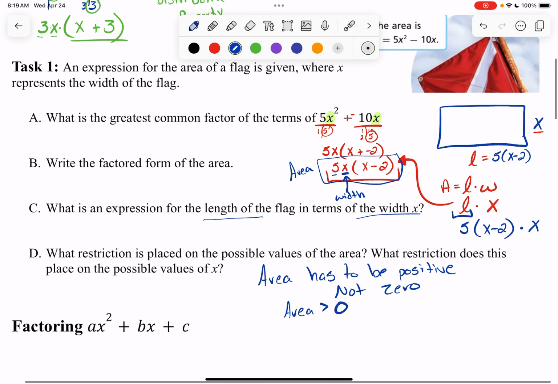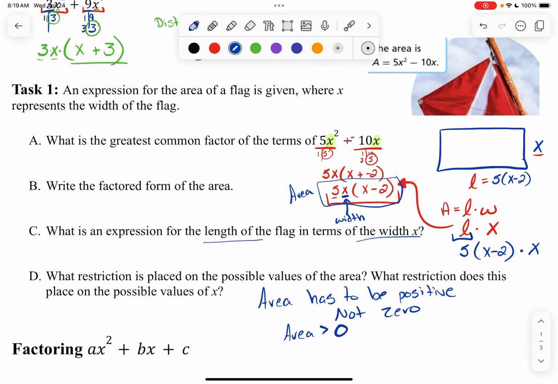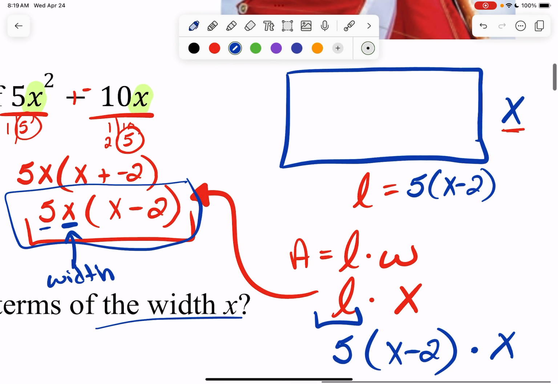So what restriction does this place on the possible values of x? Well, if my area has to be greater than 0, then x can't be 0, because if x was 0, 0 times negative 2 times 5 gives me a negative area. And then here we have x minus 2.